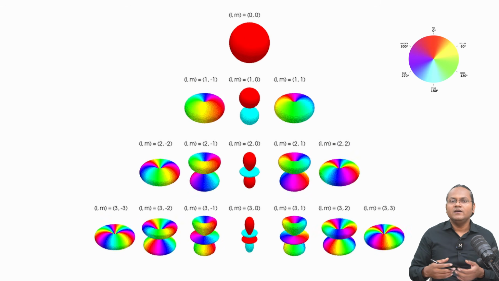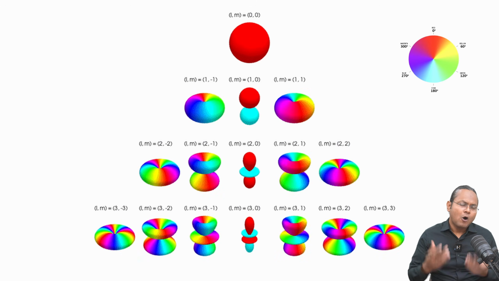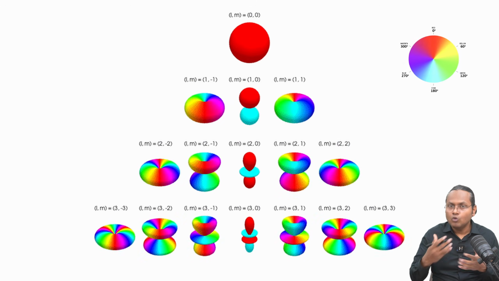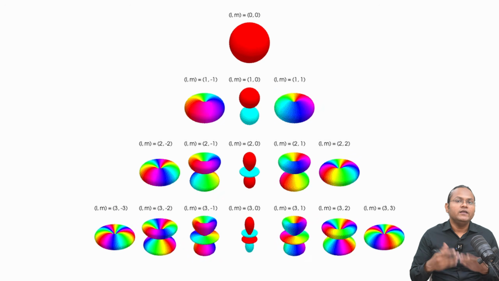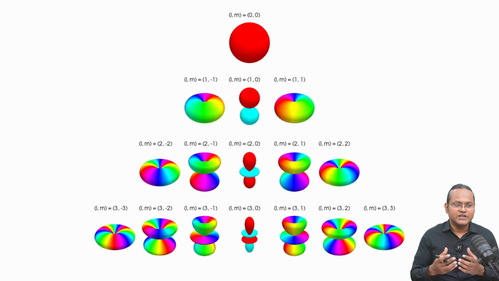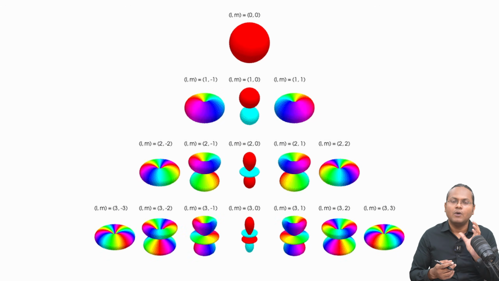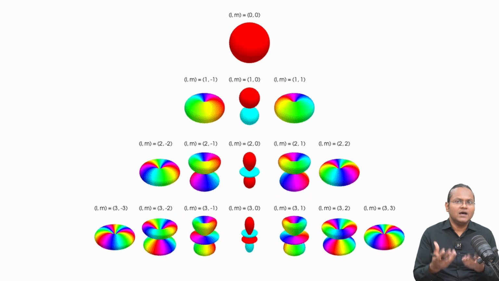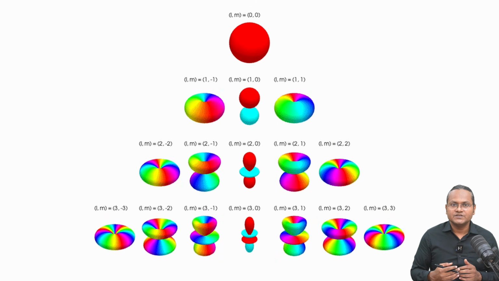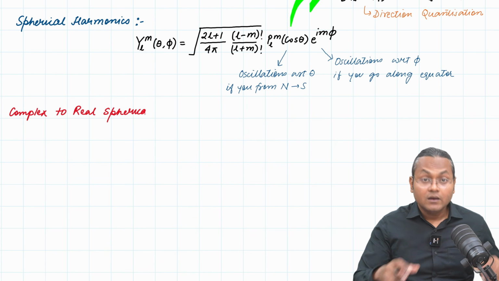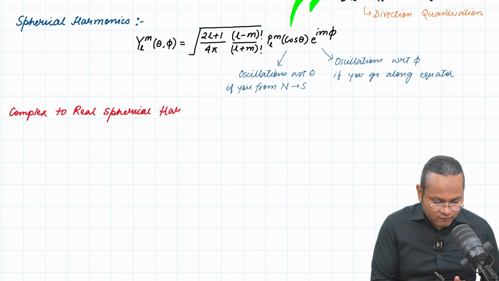Now I have to make one thing clear: the orbital shapes that we most commonly see in popular culture avoid the phase rotations, because the phase rotations give you a very peculiar rotation about the z-axis, and that can be removed if we convert the complex spherical harmonics to real spherical harmonics. So we simply take linear combinations of these solutions, complex to real spherical harmonics.